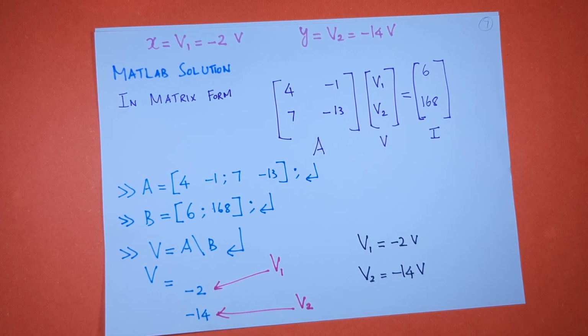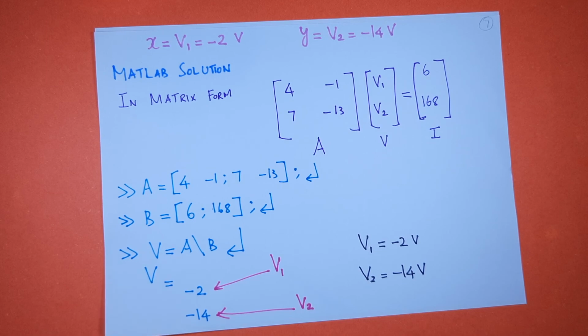Right division is normally what we use for normal division. So this is a left division. This is called the left division operator. So V equal to A, left division operator, B, press the enter key. So you'll get the solution like this.